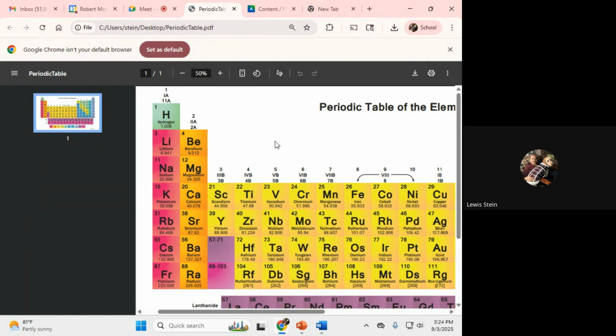We utilize the table. Just a couple of things to point out. You don't have to know it, because if there's a test, I'll print this up and give everybody a copy. I'm not asking you to memorize it. It is not chemistry class. Here's hydrogen.